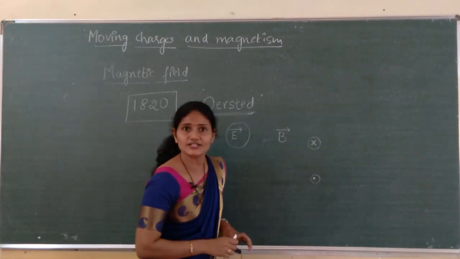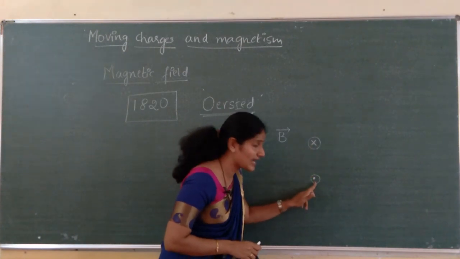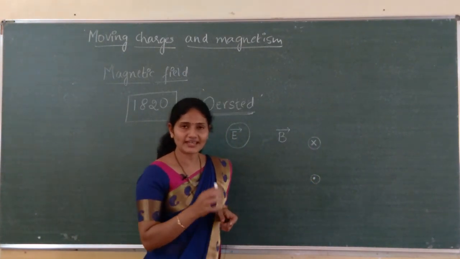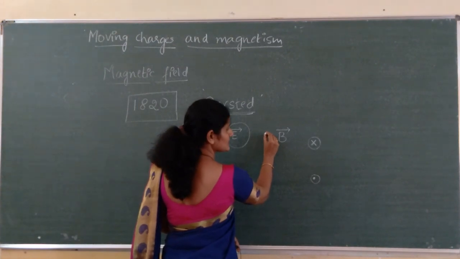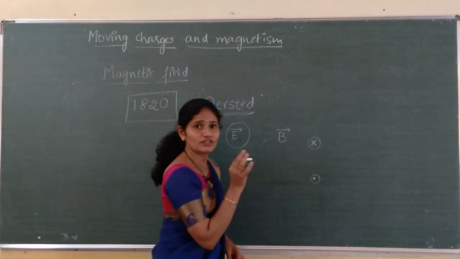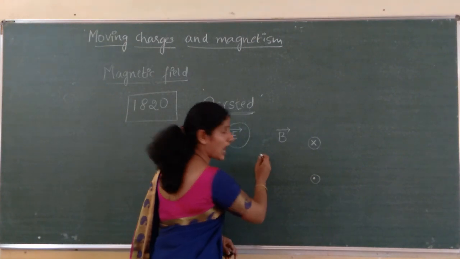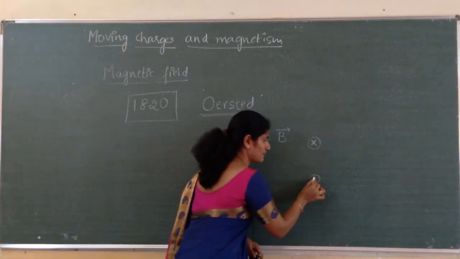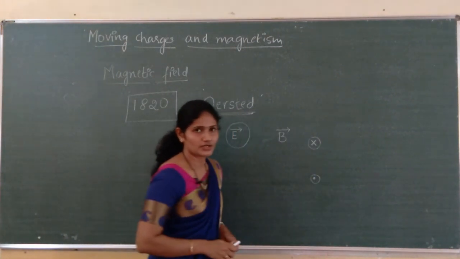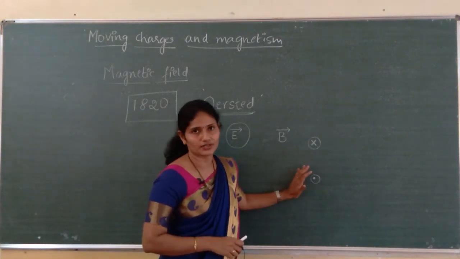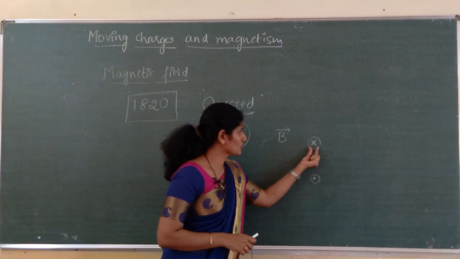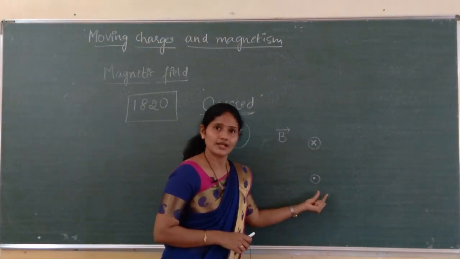So, this is the difference between a cross mark and a dot. This notation is very important. Okay. So, cross and a dot.